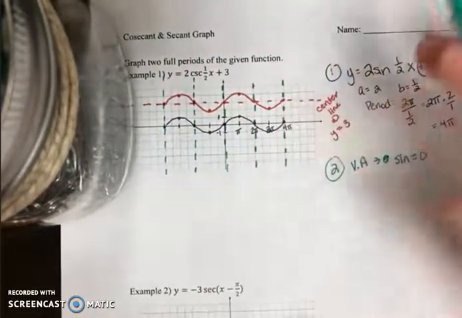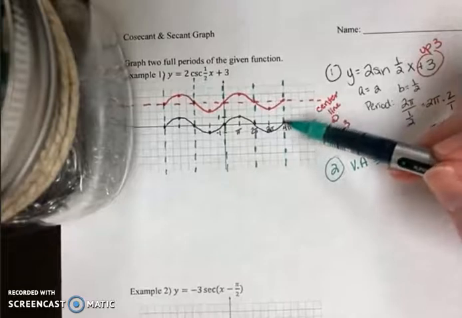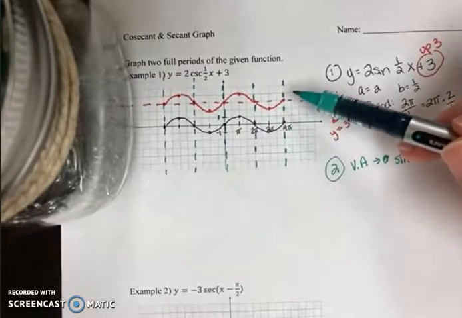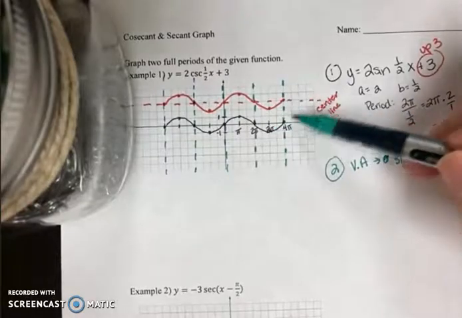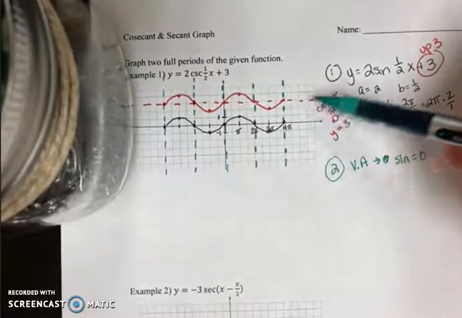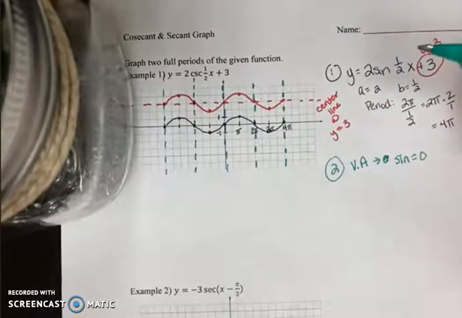So in this example, it just so happens that the x-intercepts are at the same location as the intercepts on the center line. However, if we would have had a horizontal transformation as well, you would have seen a clear difference.